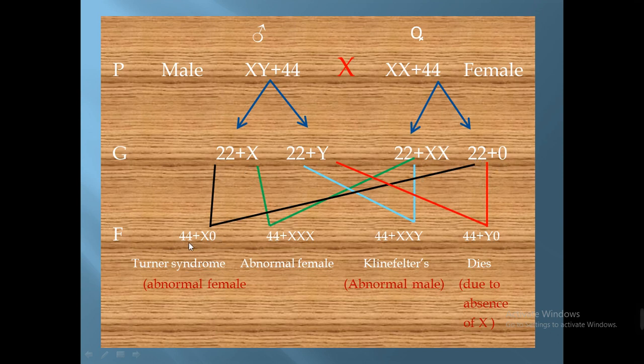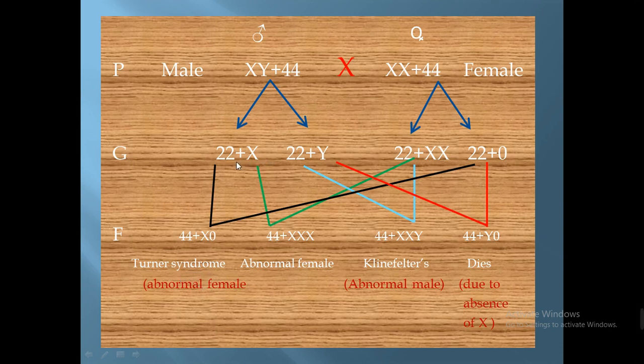The result will be 44 plus X0. So the number of chromosomes here will be 44 plus X, equal to 45 chromosomes. And the normal human must contain 46 chromosomes. So it results in a disease or syndrome called Turner syndrome, and it affects females only.